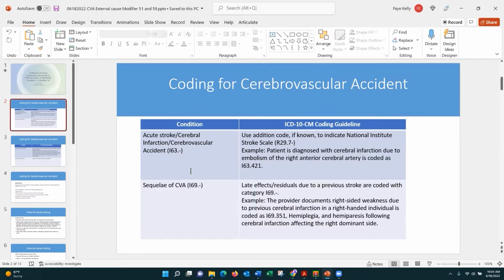When it is acute, it's coded from the I-63 category. Now, in your coding guidelines, we're told to use an additional code if known to indicate the National Institute Stroke Scale. That's from an R29 category.